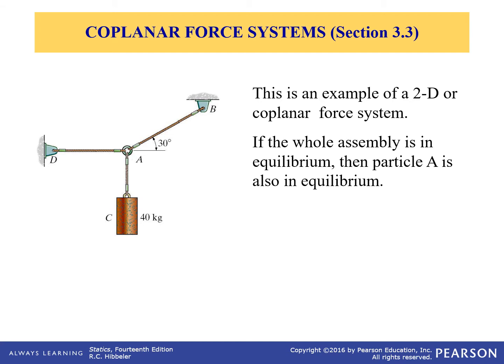Now, if that weight isn't crashing down to the floor or flying up into the air, right, it is in equilibrium, meaning there is a weight pulling down and there is a tension in the cable AD and AB.